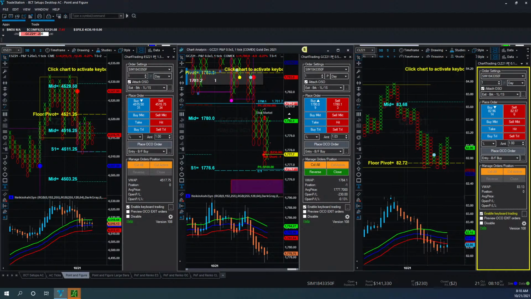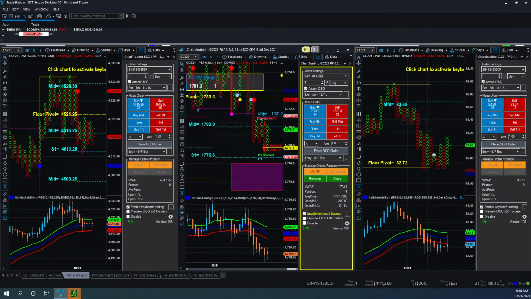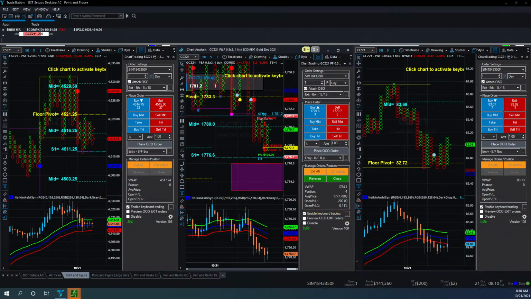That 200 support is tough. Yeah, gold is moving up, back up again.